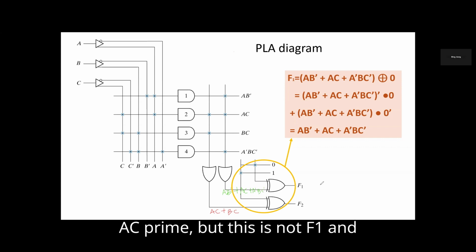But this is not F1, F2 yet, because for F1, we are having this Boolean expression XOR 0. So here we have F1 equals AB prime or AC or A prime, B, C prime, XOR 0.